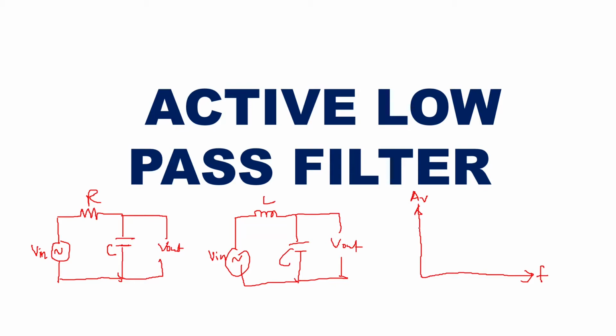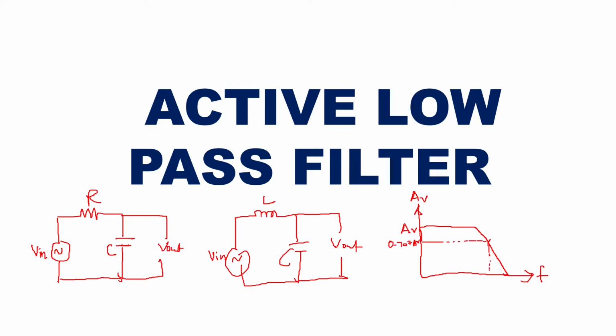Then you will get a graph something like this. This will be your maximum gain. If you come down minus 3 decibels, that is 0.707 of the maximum, you will get a point here.